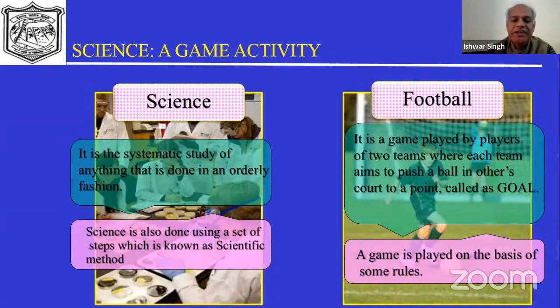The reason is that although they are proper disciplines, proper streams, the fundamentals of all these disciplines are not judged on the basis of scientific methodology, or they do not fit in our scientific temperament.